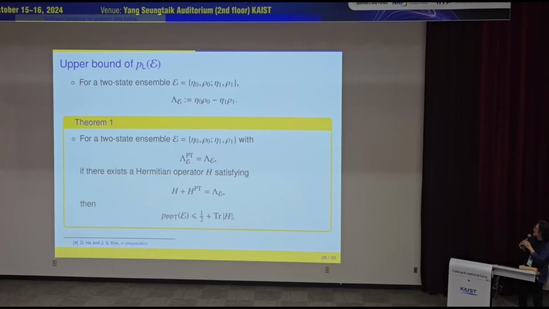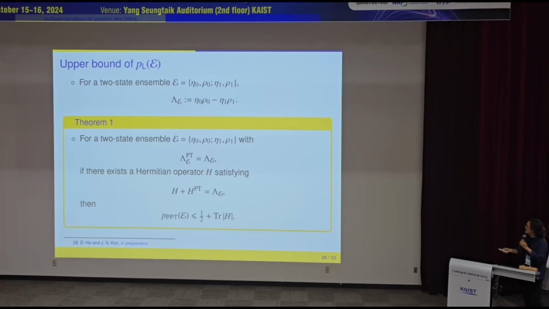To randomize this P_PPT of epsilon, we use the notion of lambda_epsilon. Let's think about this epsilon, which has two states. For a two-state ensemble, lambda_epsilon is defined as the difference of these two with these probabilities. Of course, the choice of 0 or 1 is a dummy; you can also switch those two.